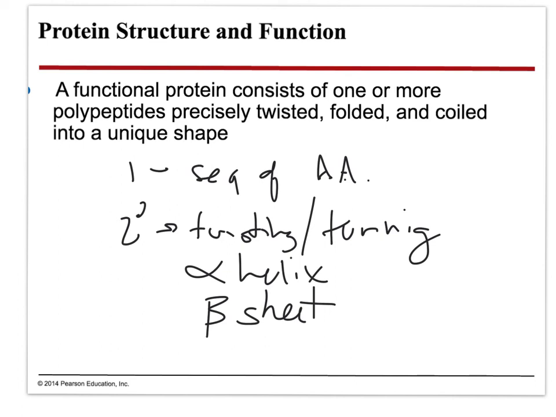That has to do with hydrogen bonding between amino acids that gives a stable structure. Mostly all proteins have at least what we call tertiary structure, and this is globular folding.